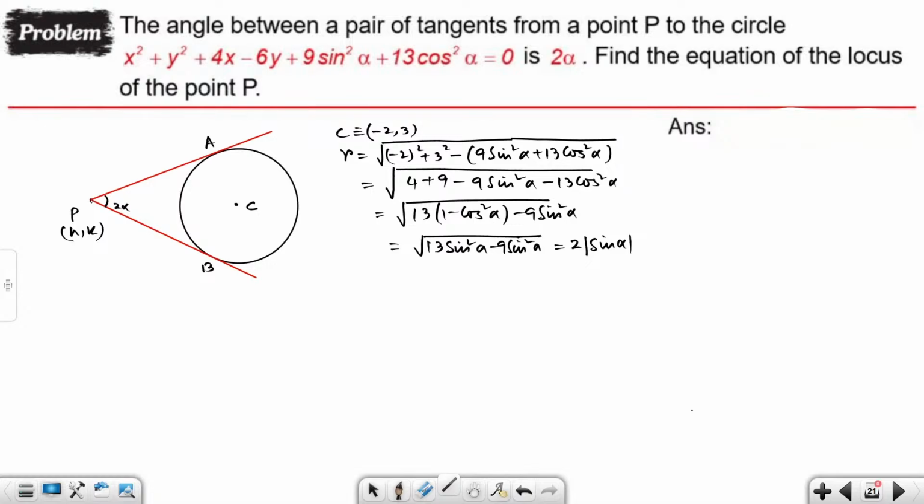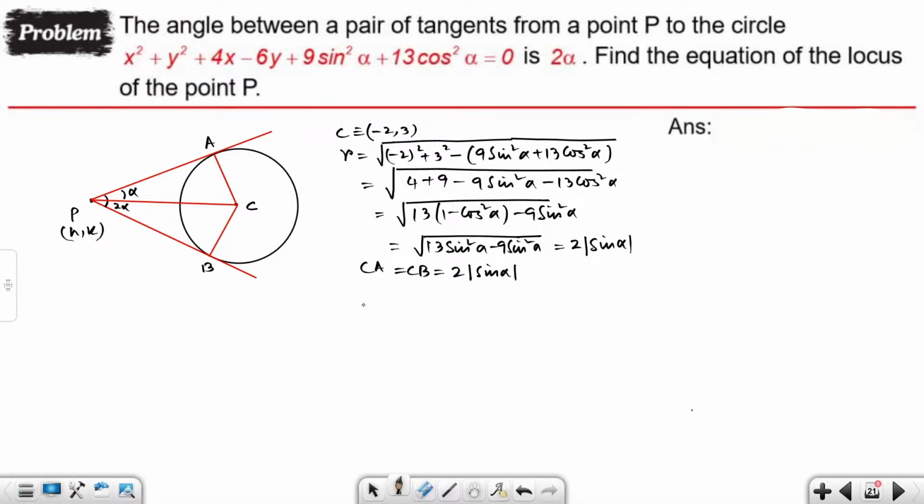Let me join P and C, as well as PA and PB. Clear? Now we can easily see that this whole angle is 2 alpha, therefore this angle will be alpha. The radius CA is same as your radius CB, which is your 2 mod sine alpha.